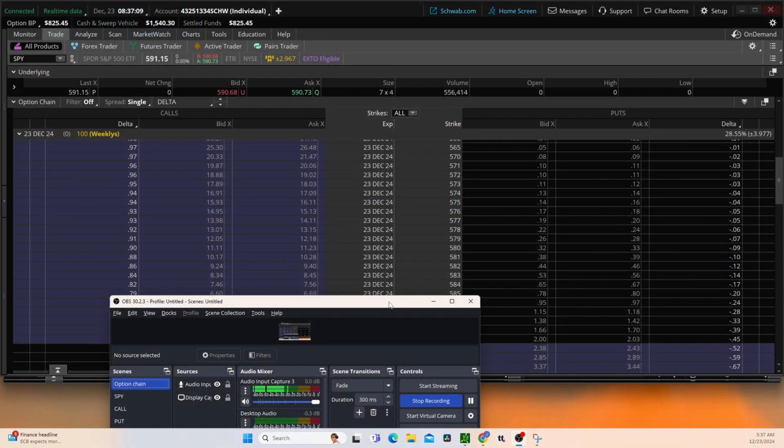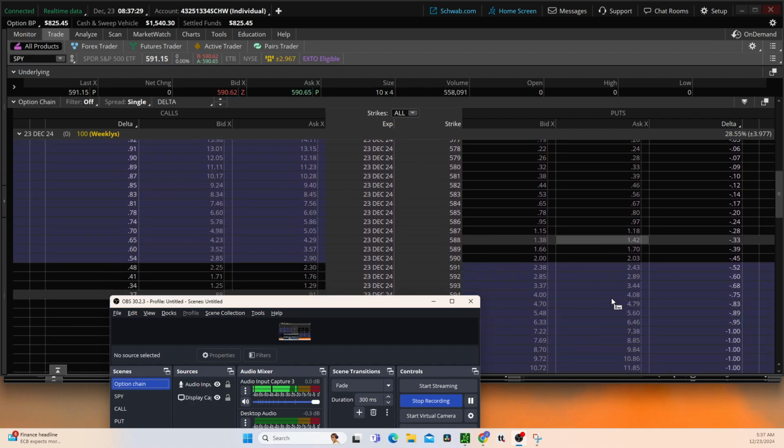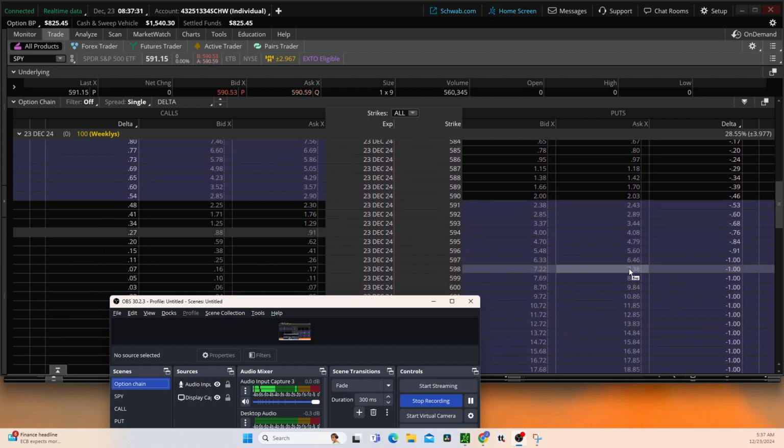So if it moves almost 1 point, you're going to gain 1 delta. If you traded these, you're going to gain 4 cents on 1 point. If you traded these, you're going to gain 24 cents on 1 point. If you traded these, you're going to get $1 for 1 point.